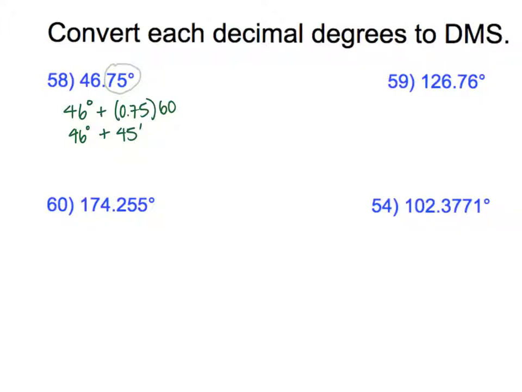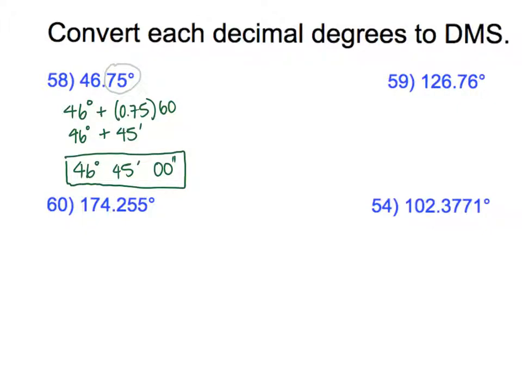So now that I've converted it, I have my degrees and my minutes: 46 degrees, 45 minutes. This one didn't give us more decimals, so we don't have to care about the seconds. To make this nicer, let me change that answer. Since there were no decimals left over, we can put 00 with a double apostrophe, which tells us there were no seconds to deal with.